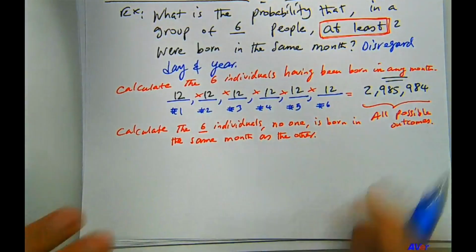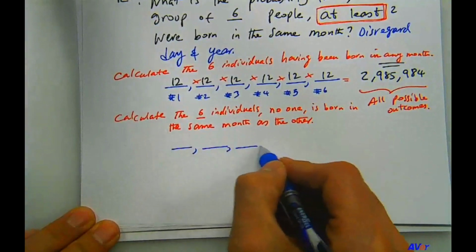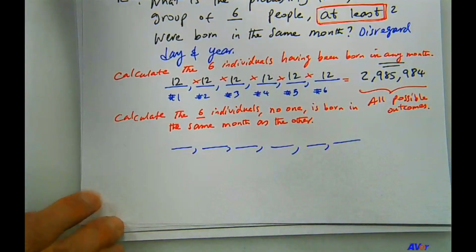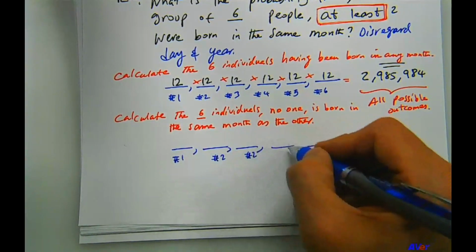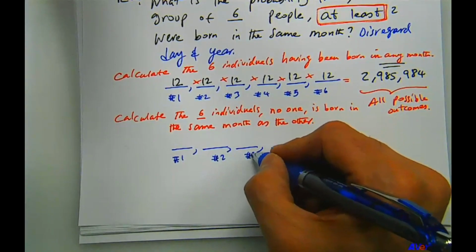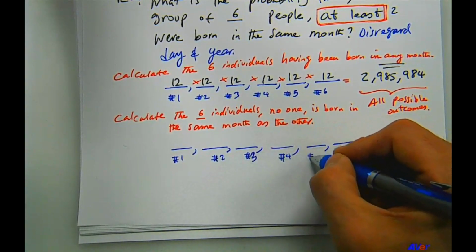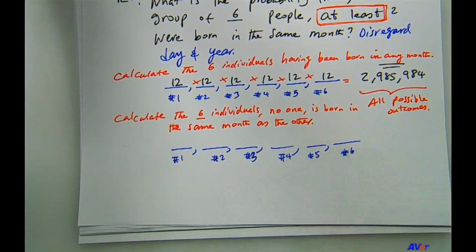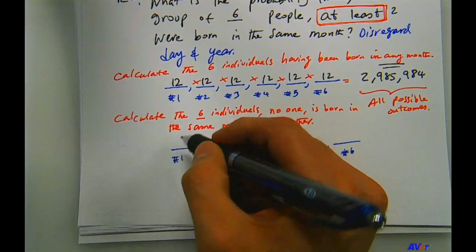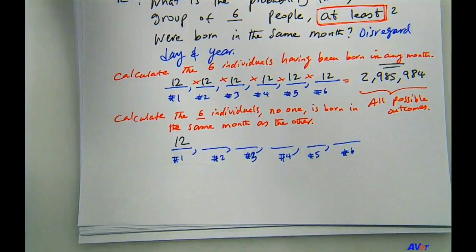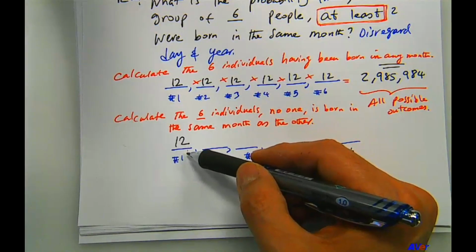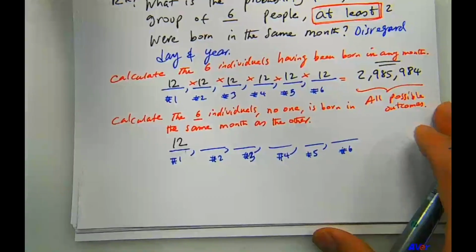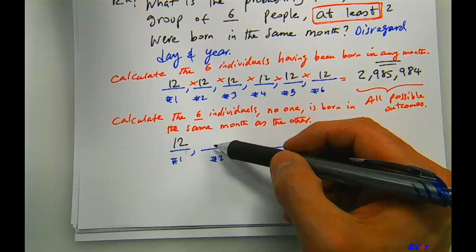Okay, so let's go back to the multiplication principle again. So we have 6 individuals, and each of them has a different possibility for having been born. So if we're calculating no 2 are born in the same month, then for this individual, there must have been 12 options, right? But as soon as we pick some month, suppose this person was born in March, then this person could have been born in any month but March.